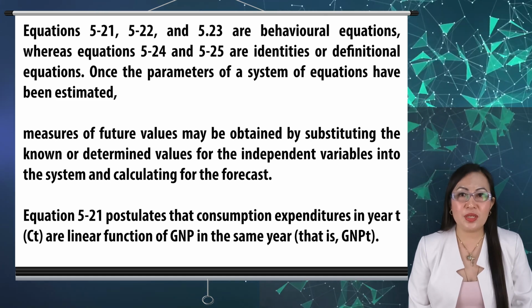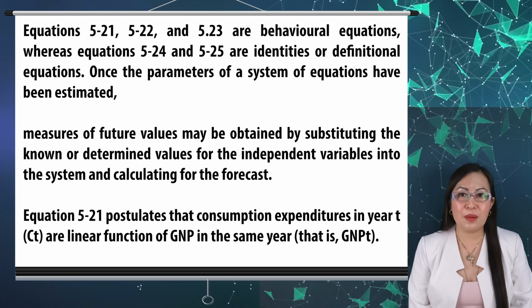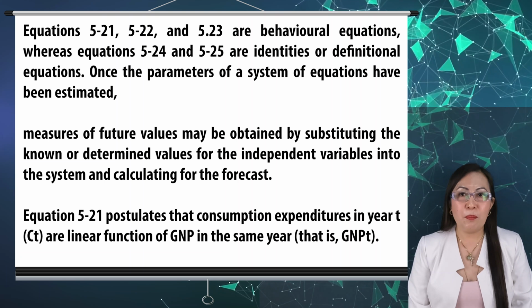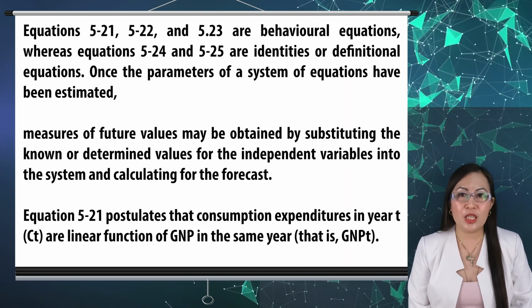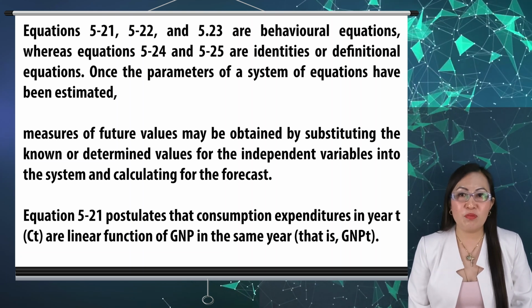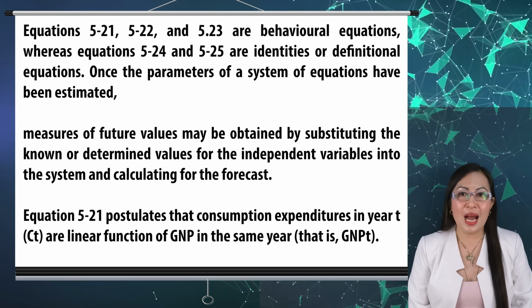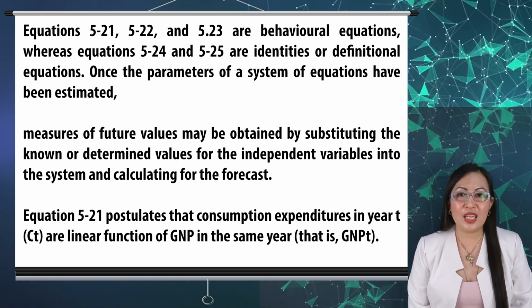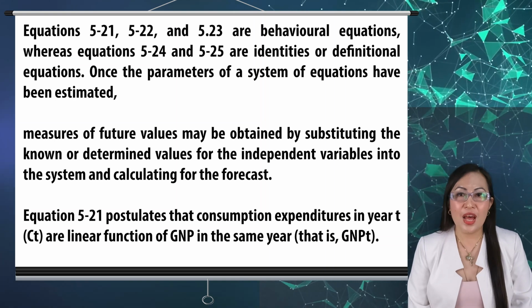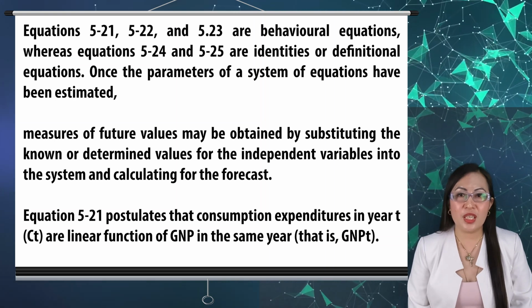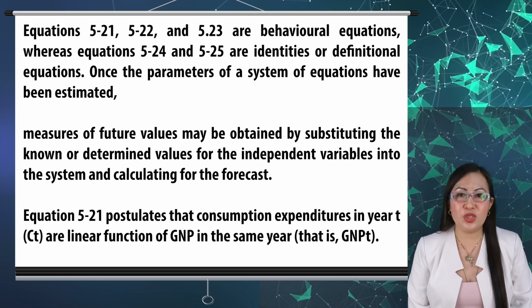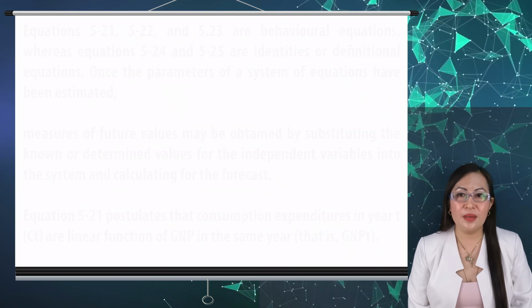Once the parameters of a system of equations have been estimated, measures of future values may be obtained by substituting the known or determined values for the independent variables into the system and calculating for the forecasts. Equation 5-21 postulates that consumption expenditures in year t are a linear function of GNP in the same year.